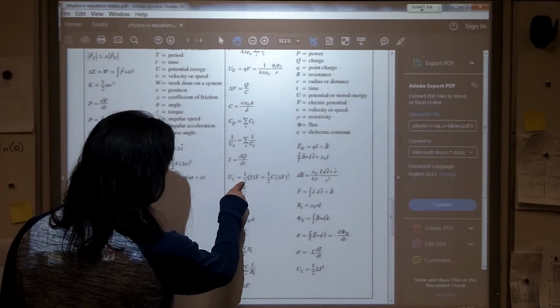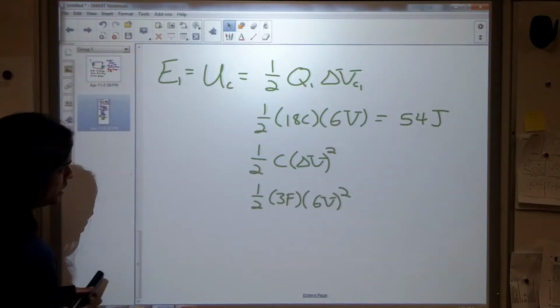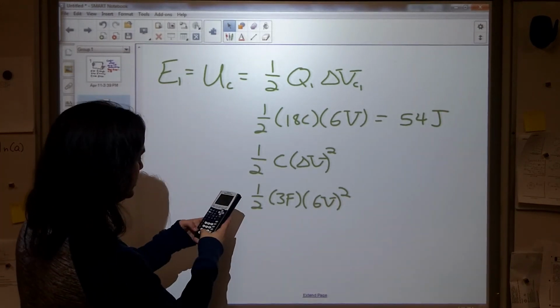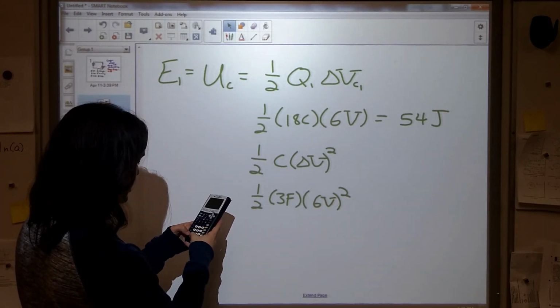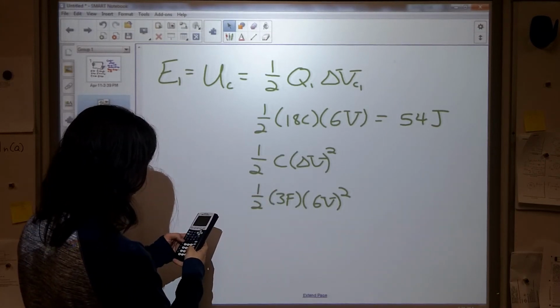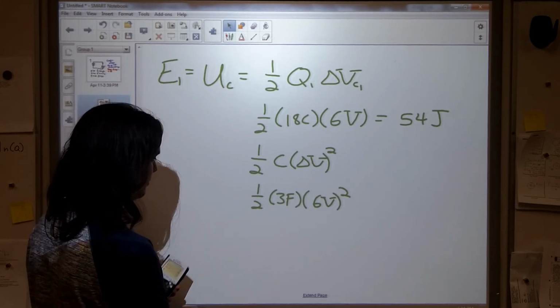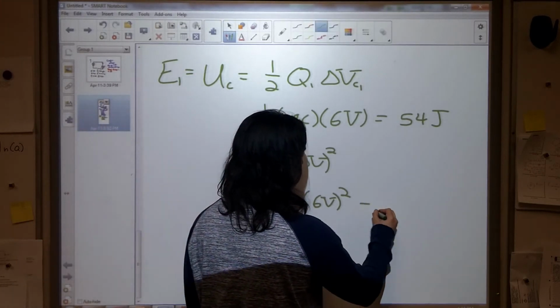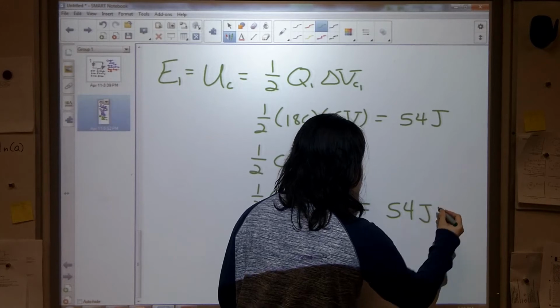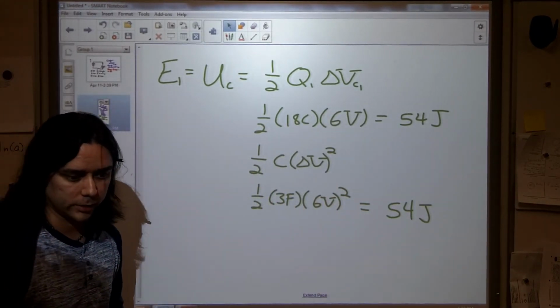Let's see. 1/2 Q delta V, good. 1/2 C delta V squared. So let me double check this. Maybe I did something wrong. 18 times 6 times 0.5. Nope, I got that, 54. So 6 squared times 3 divided by 2. Yep, I'm just doing things wrong in my head. There. We also get 54 joules. All right.